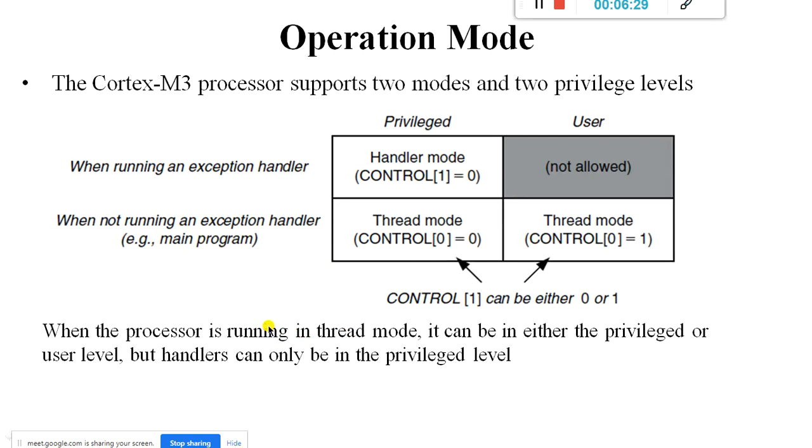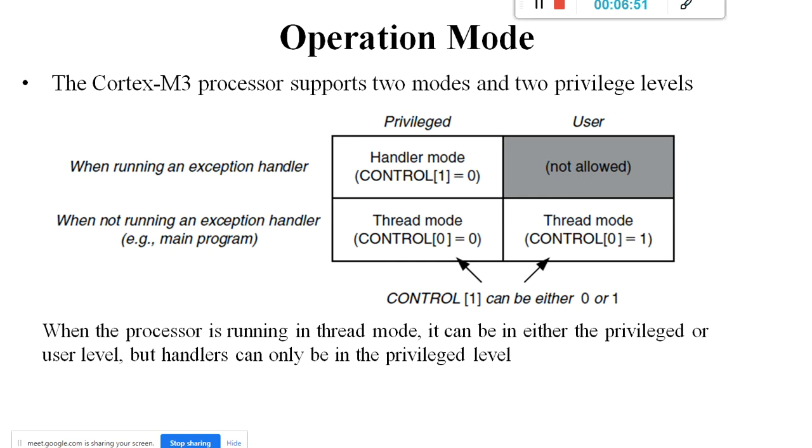Now, coming to the important aspect of Cortex M3, that is operation mode. As I keep telling you, the CM3 processor will operate in two modes and two privilege levels.